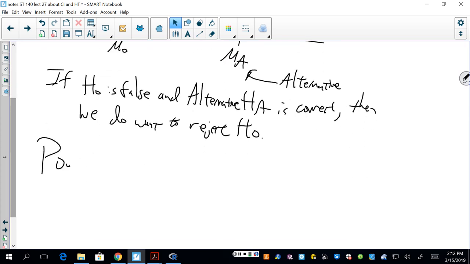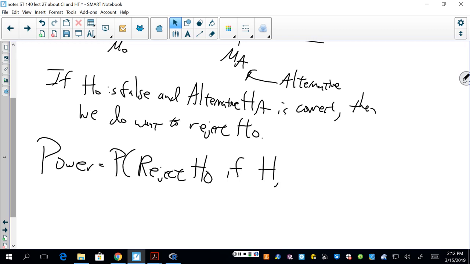So statistical power is the probability that we reject H0 if the alternative is true. And this is given a symbol too. Beta is 1 minus that, or power is 1 minus beta.